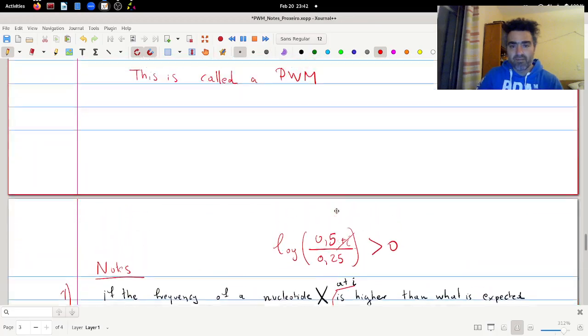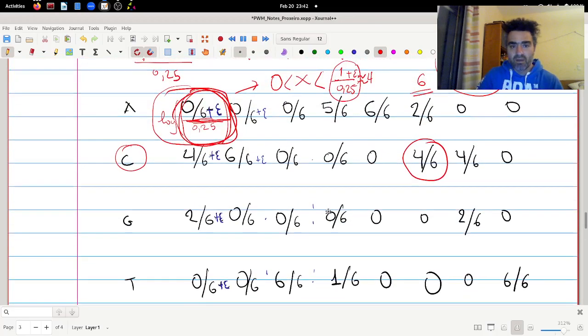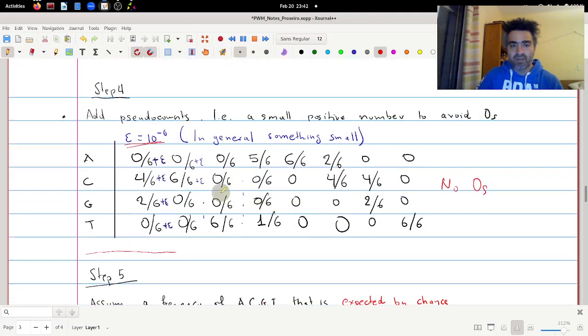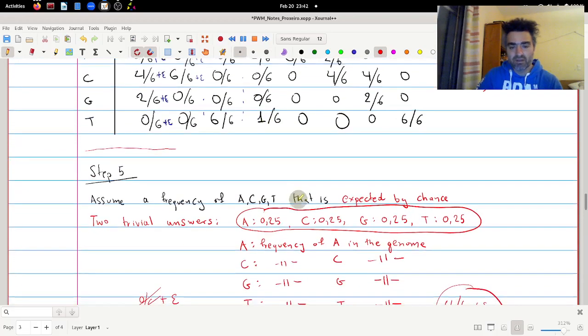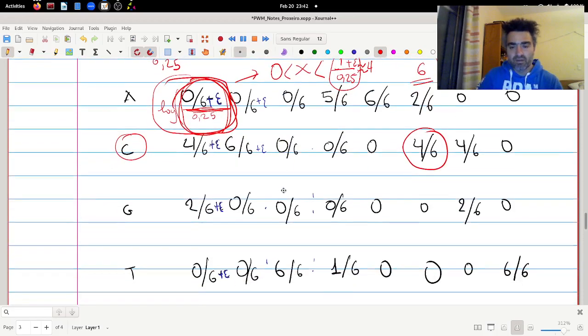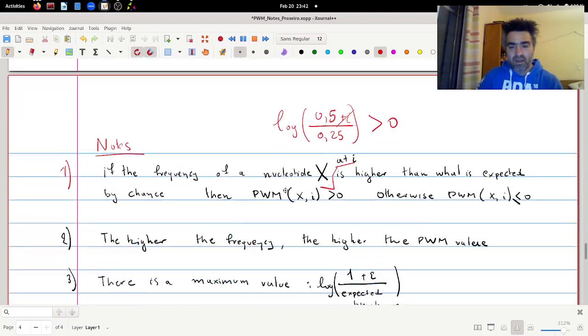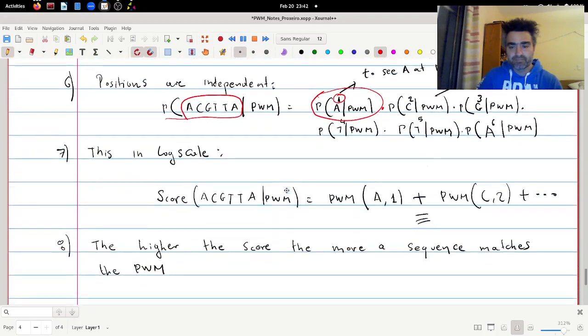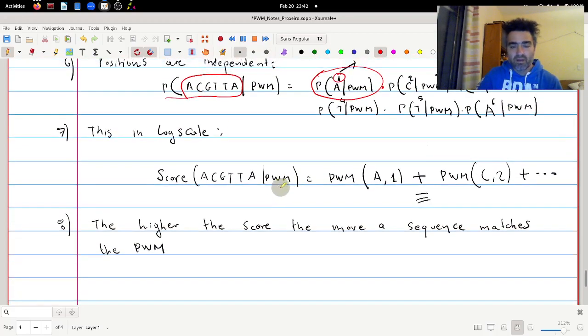However, you remember that from this step we pass from probabilities or frequencies to logarithms, and therefore instead of finding the probability to see a motif, we can score a motif, a sequence here.